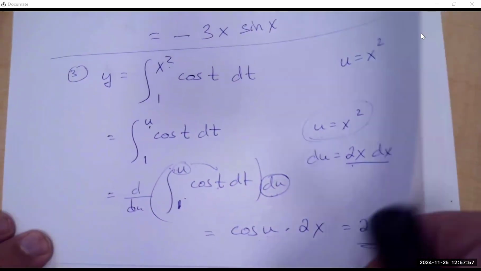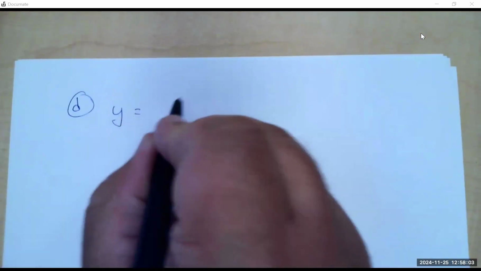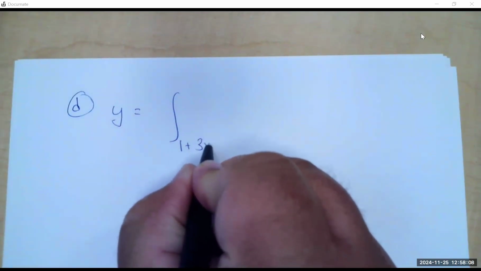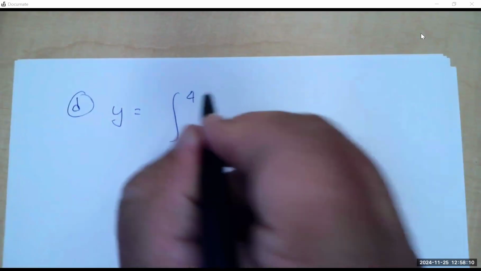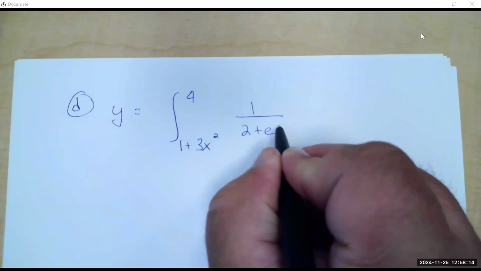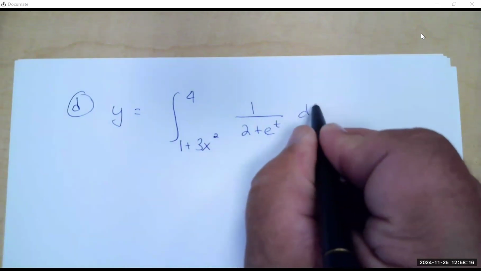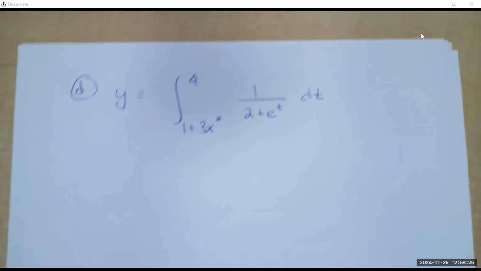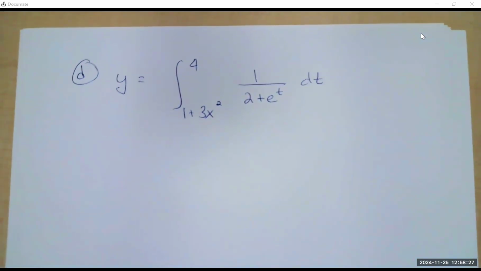And last one, d, before we move on. D is the integral from 1 plus 3x squared to 4 of 1 over 2 plus e to the t dt. Next one, then we'll get to the one we're going to be using more often. So how do we set this one up?